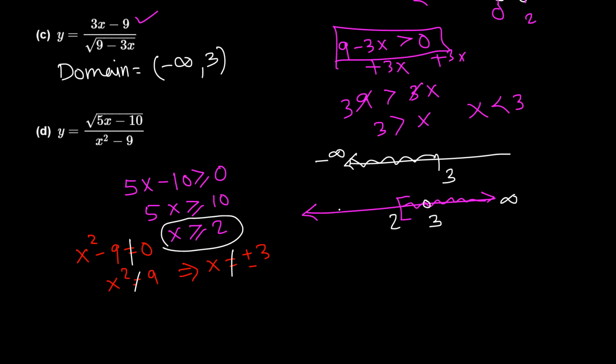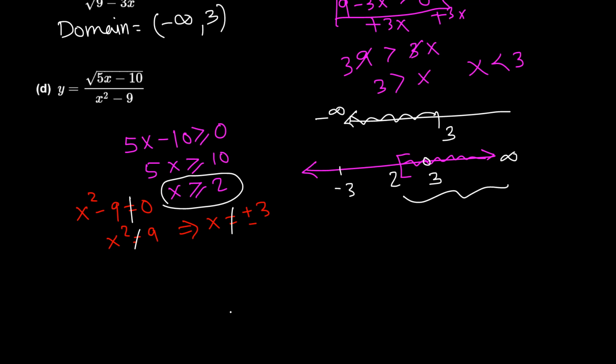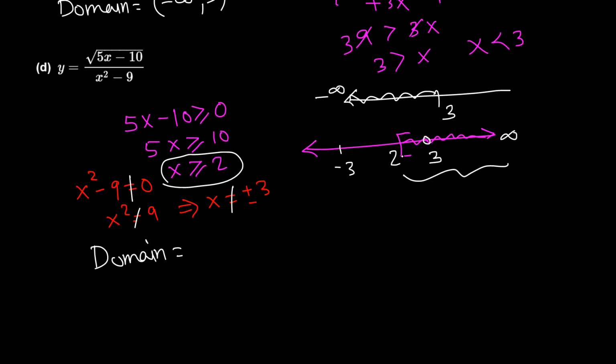Negative 3 is somewhere here, which is already excluded. So we have this, and this is the domain. Let's write that in interval notation. Starting from 2 to 3, because we need to exclude 3, and the union of 3 to infinity. Final.